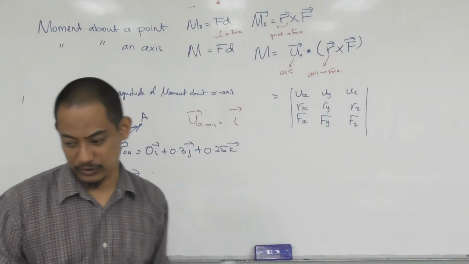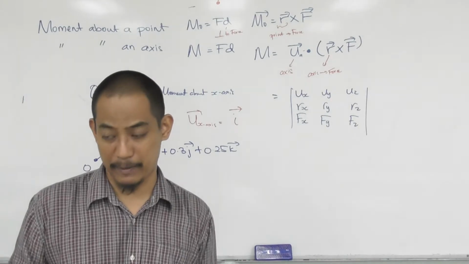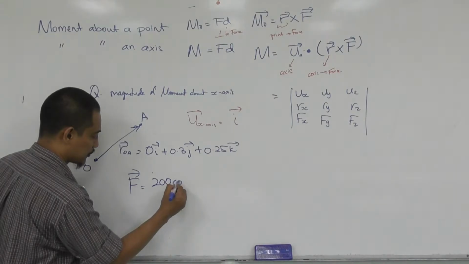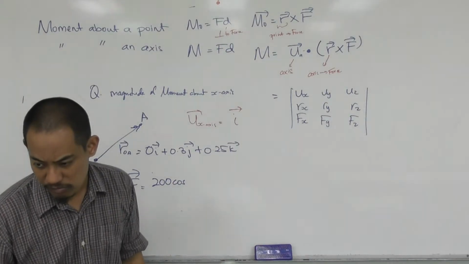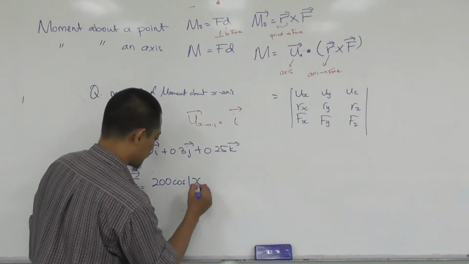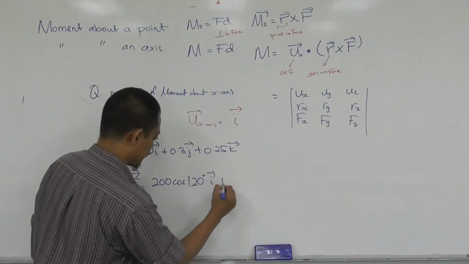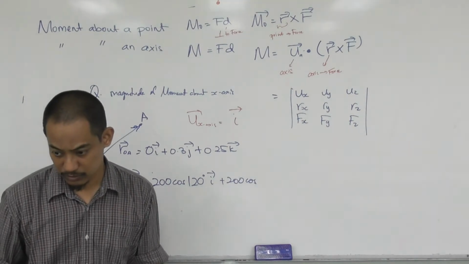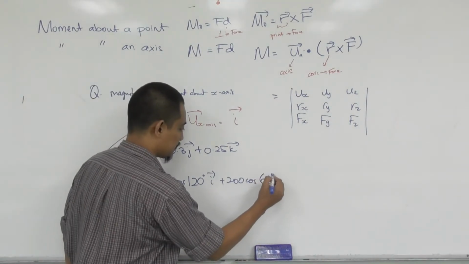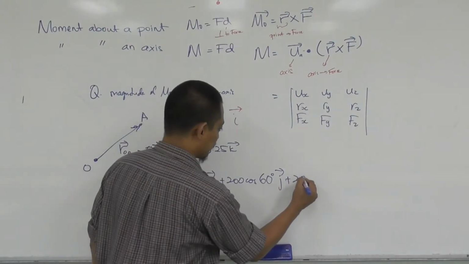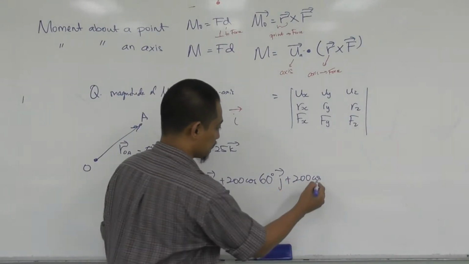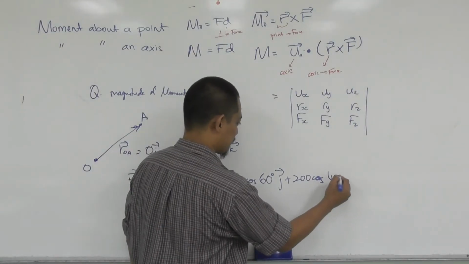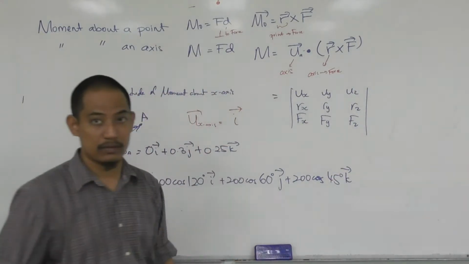In this case, the question gives you in terms of alpha, beta, and gamma, right? So it's basically 200 cos 120 degrees I plus 200 cos 60 degrees J plus 200 cos 45 degrees K, right?